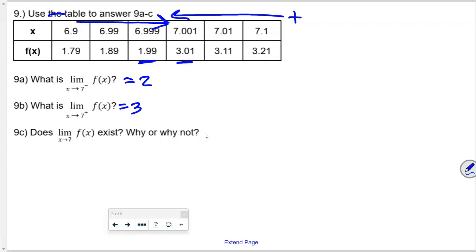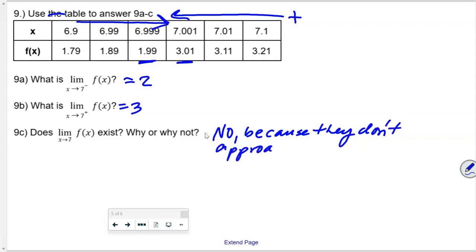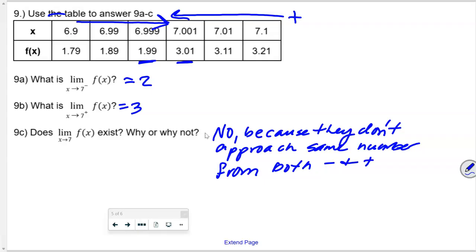Then it says, does the limit as x approaches 7 exist? The answer is no, because they don't approach the same number from both the negative and positive sides.